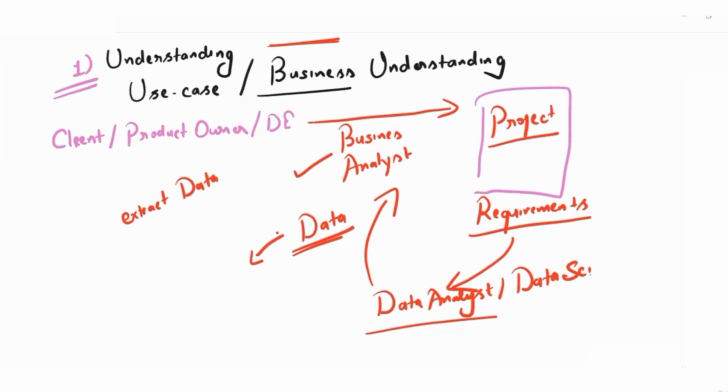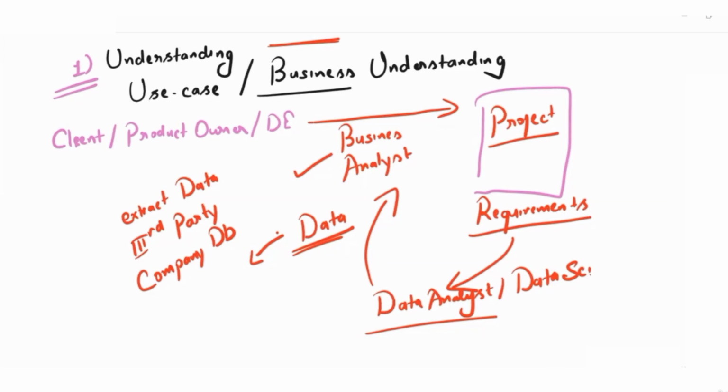Do I have to extract this data from some third-party API, or is this data available in the company database? These are the general queries that a data analyst could ask a business analyst. This is what happens in the day-to-day life of a data analyst and a business analyst.